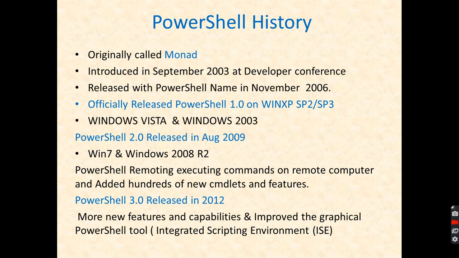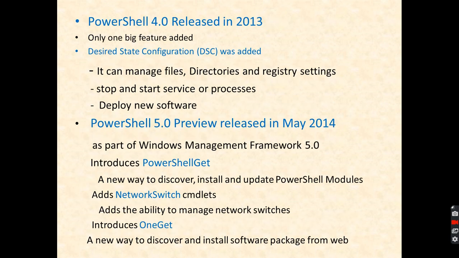PowerShell 3.0 was released in 2012 with more new features and capabilities and an improved graphical PowerShell tool, the Integrated Scripting Environment, ISE, which was included in 2012. And PowerShell 4.0 was released in 2013.